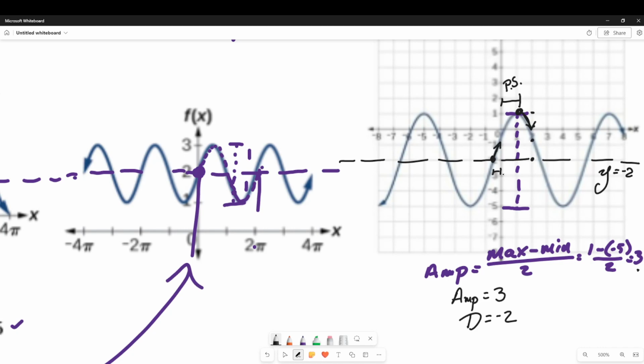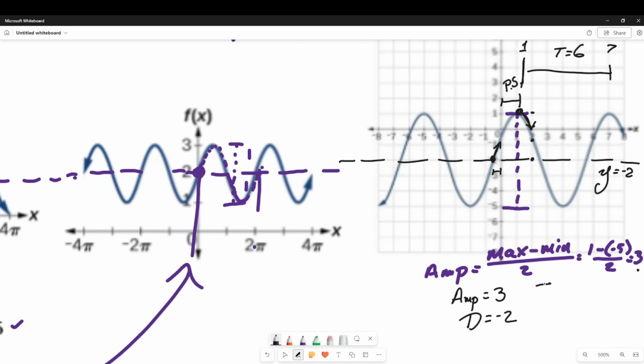If we want to determine its period, it looks like it goes from 1 out to 7. So it looks like the period is equal to 6.